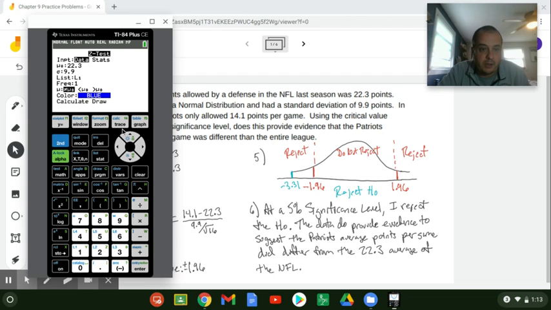I have to go back up here and make sure it's on stats. Our sample mean that we got was 14.1, and 16 was the sample size. We're talking about not equal, so we go down here and hit calculate. And you see we get the same z-score of negative 3.31, which we would compare to the critical value of plus or minus 1.96 that we found.